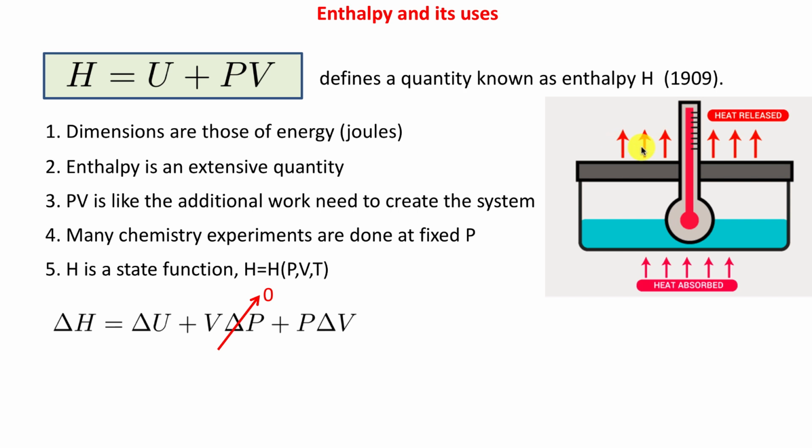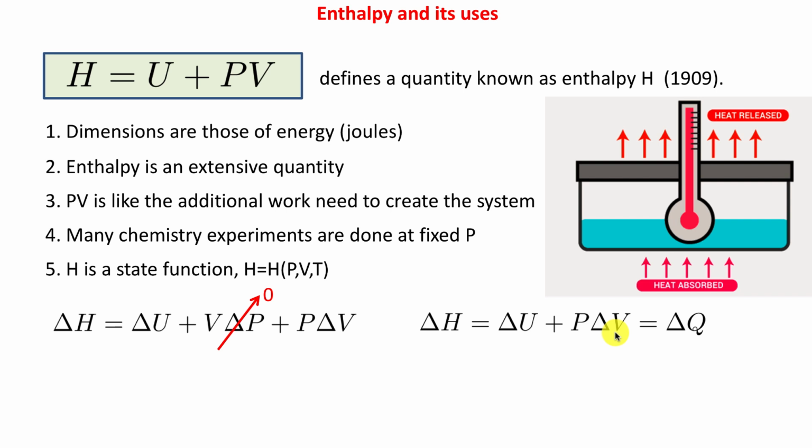That's a given constant, or almost a constant, because the pressure is different today as compared to tomorrow. But it can be assumed to be reasonably constant. So delta P is set equal to 0. And so in that case, the change in H, delta H, is then just delta U plus P delta V.